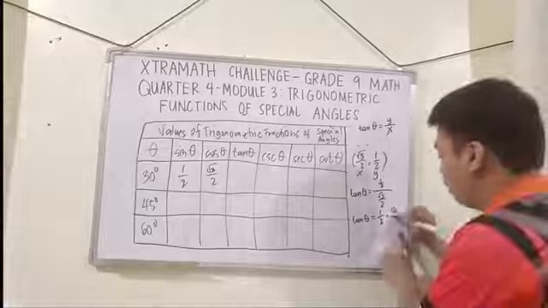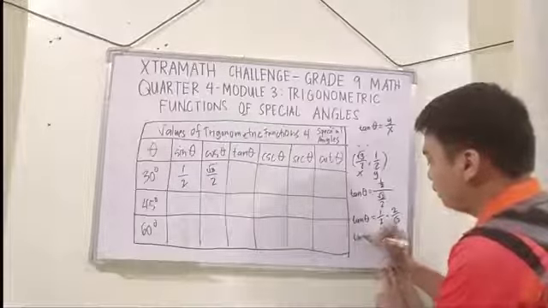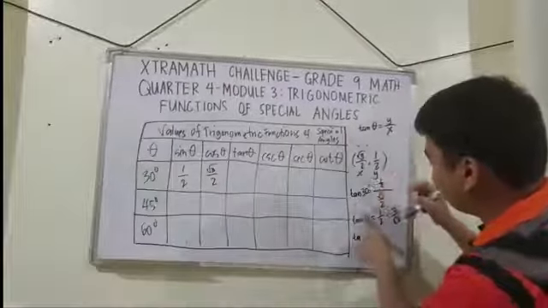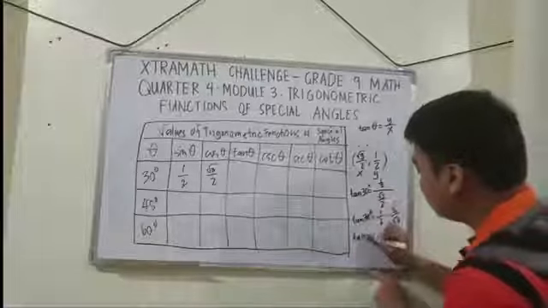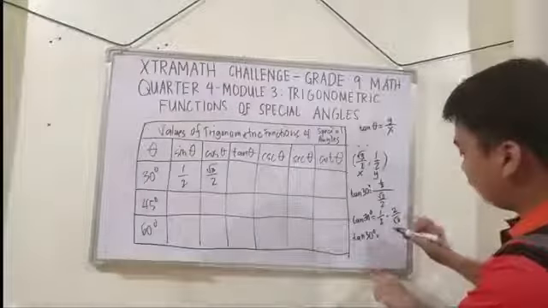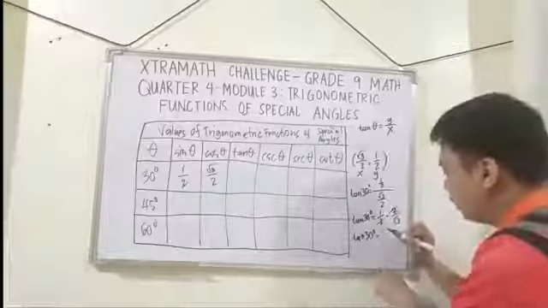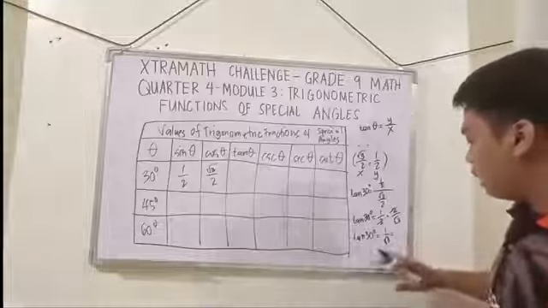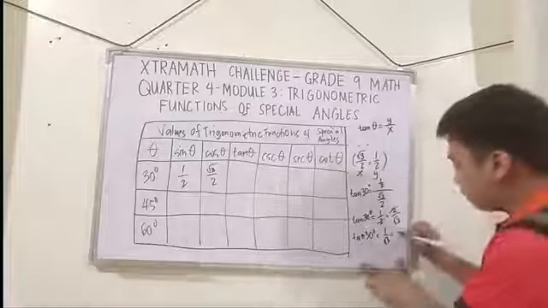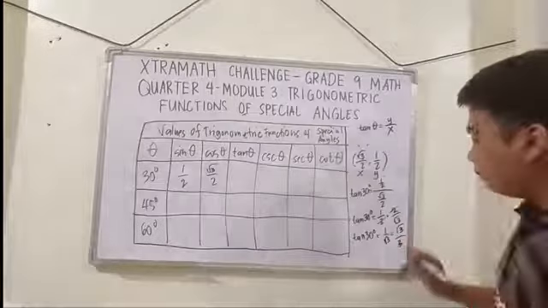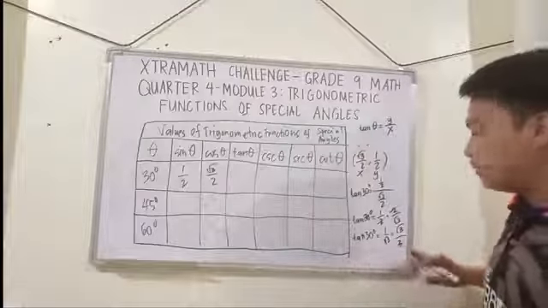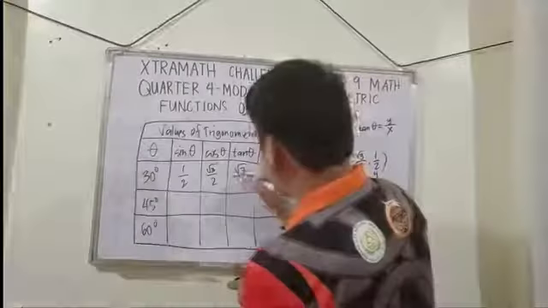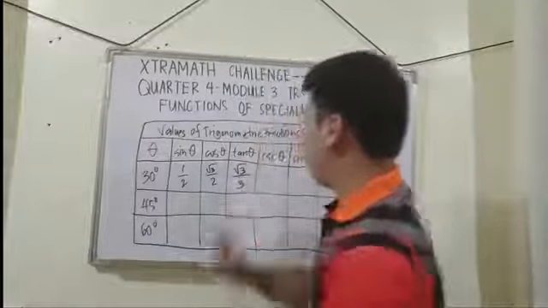So the reciprocal is 2 over square root of 3. So tangent 30 degrees is equal to, the 2 will be cancelled out, so we have 1 over square root of 3. If you rationalize 1 over square root of 3, that is equal to square root of 3 over 3. That means that tangent 30 is equal to square root of 3 over 3. So the answer for this portion is square root of 3 over 3.